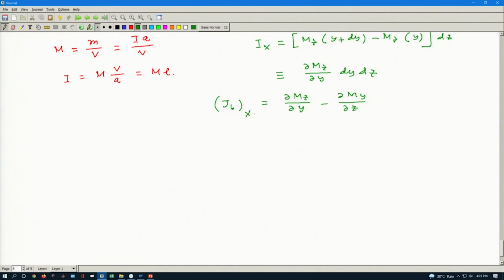You can do that for the y component and z component, and in general if I write JB in vector form, this is the curl of m, and the x component of that. If you do the y component and z component with the same logic, then you eventually get the curl of m in general.